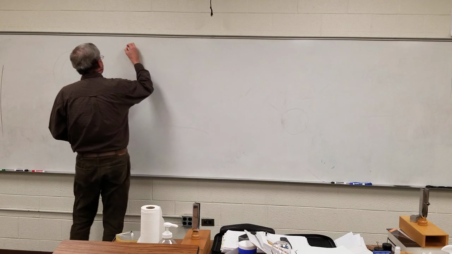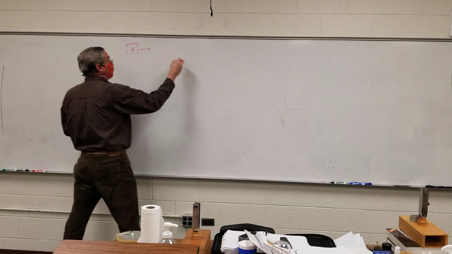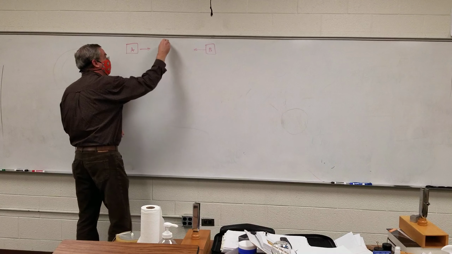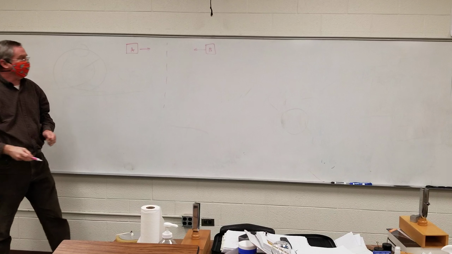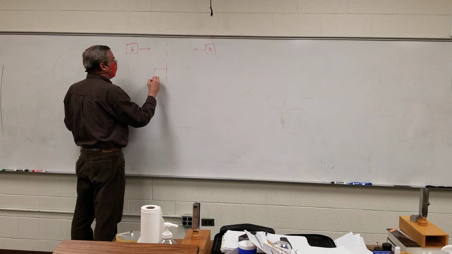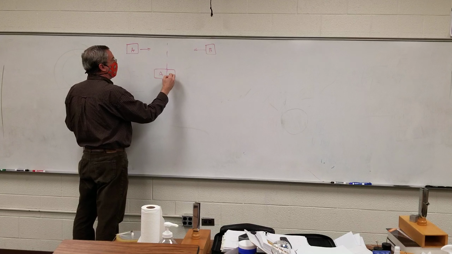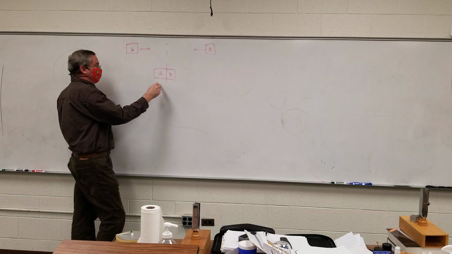So we're gonna start out with A, traveling to the right, and B, traveling to the left. This dotted line here is an indication of where they will actually first meet. They will be in contact for a bit.